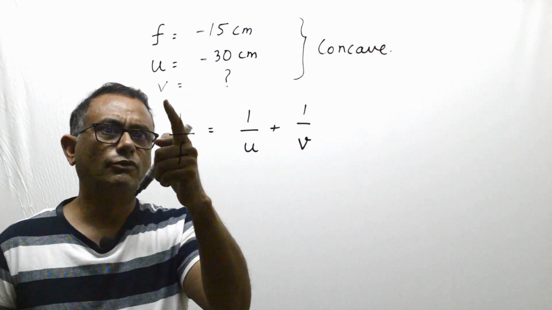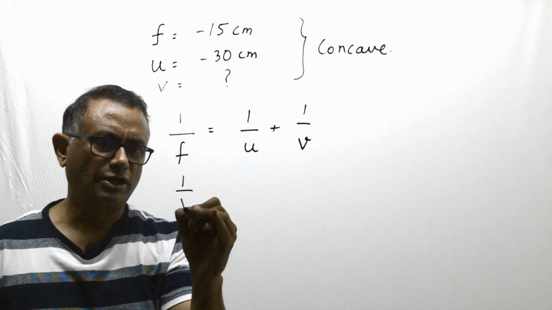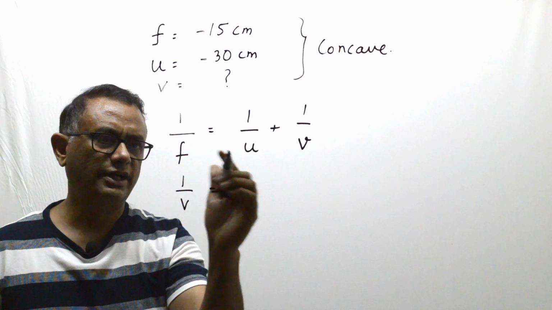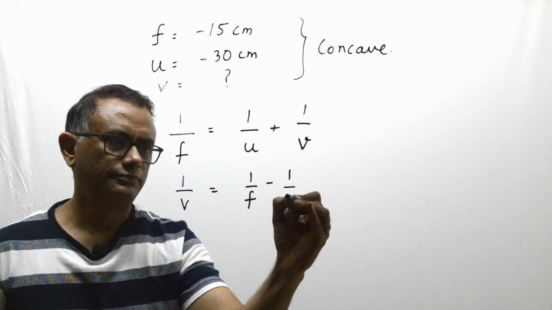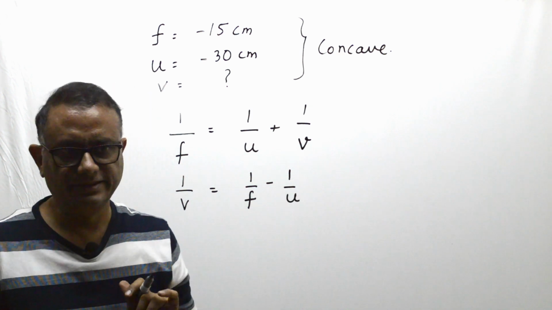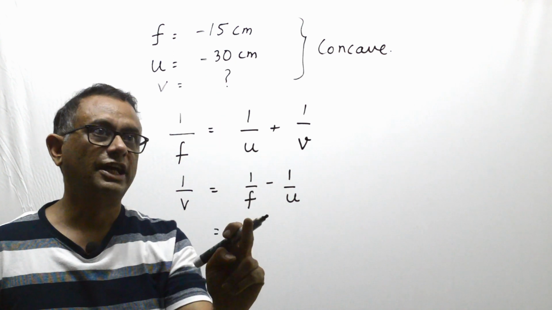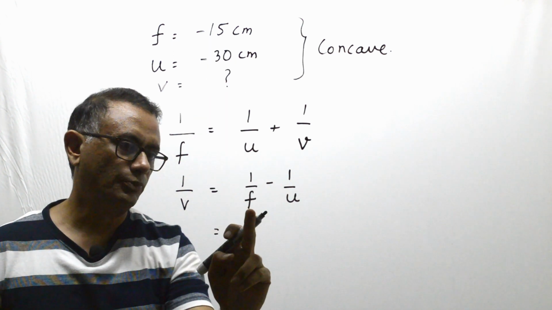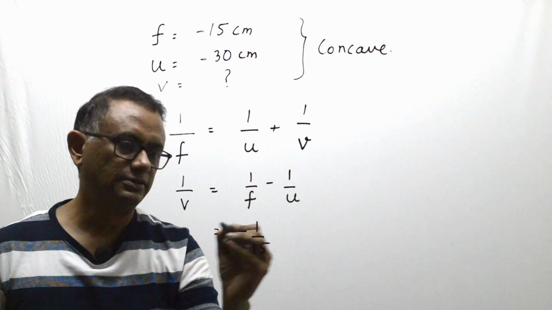Okay. So I want V, that means I want 1 by V. So I will simply say 1 by V is equal to 1 by F minus 1 by U. Simple and straight. Okay. Now what we do, we have to plug in the values. F is minus 15. So when you put F is minus 15, the whole thing becomes minus 1 by 15.